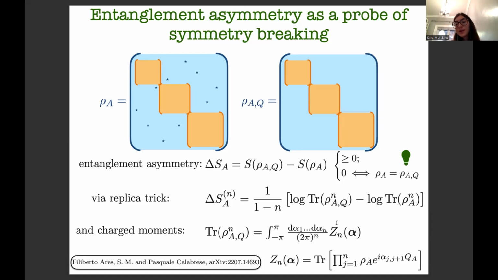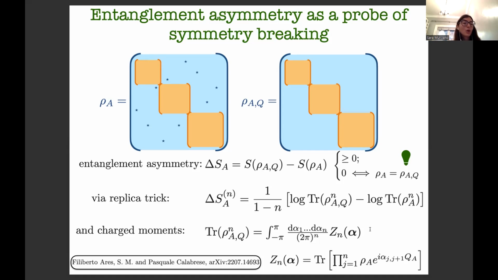These charge moments have a different structure with respect to the ones that I showed you before, because rho_A and Q_A do not commute, and so we have to preserve the order when we do this kind of computation. Let me just comment that if these charge moments do not depend on the vector alpha, it means that the trace of rho_A,Q^n is equal to the trace of rho_A^n, and delta S is equal to 0.